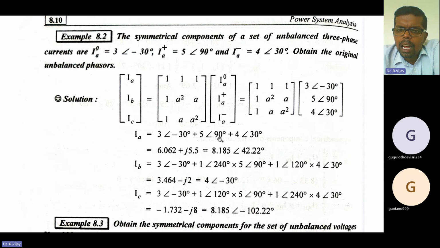In an old scientific calculator, you need to convert into complex format, add all the things, and then convert again into phasor form. You get the answer as IA is equal to 8.185 at the angle of 42.22 degree.